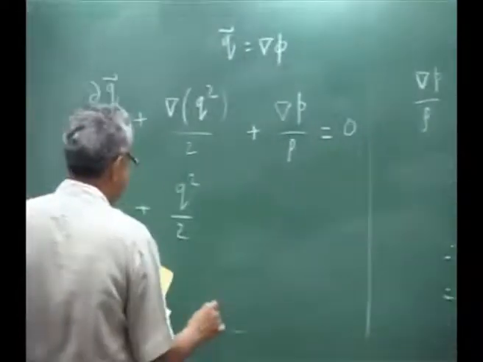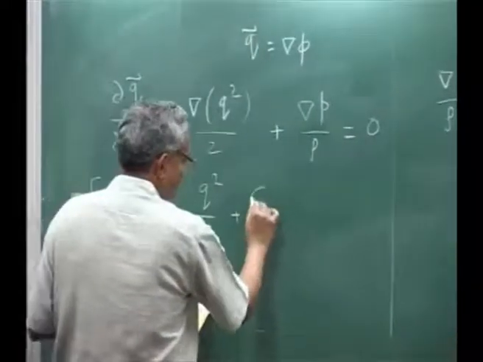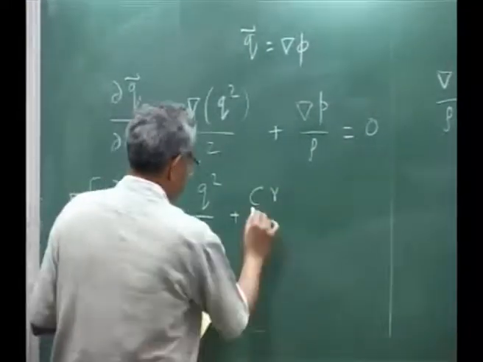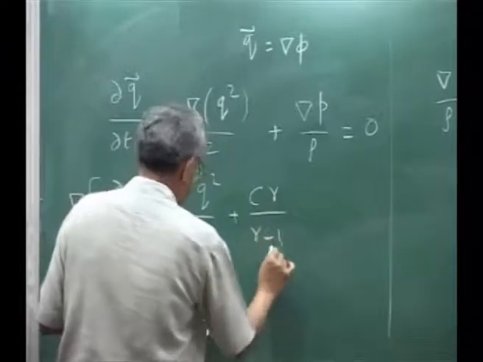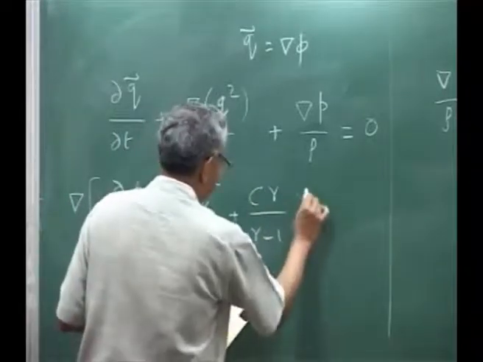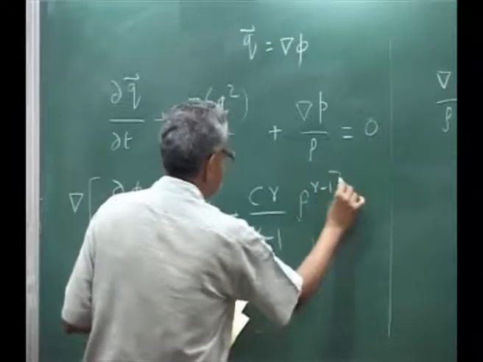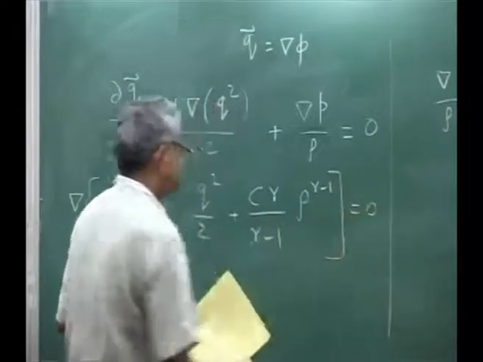So I am writing it in that fashion, plus C gamma over gamma minus 1 del, taking it out, rho power gamma minus 1, equals 0.